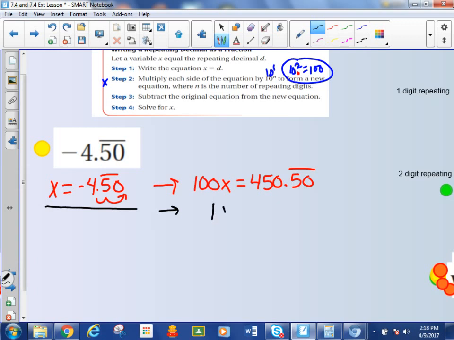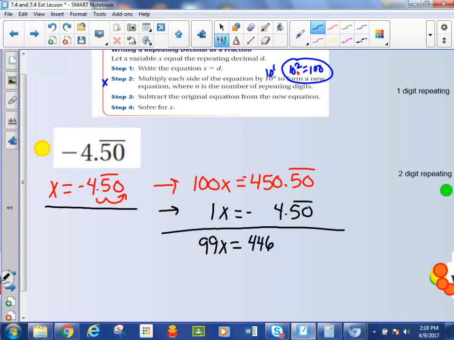Step 3, we're now going to subtract our original. So 1x equals negative 4.50 repeating, and I forgot to put the negative on this one. Now we have 99x equals, and our 0.50 repeating cancels out. So negative 450 minus negative 4 is going to give us negative 446.